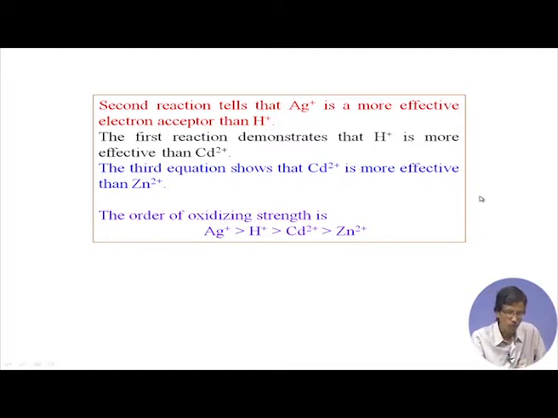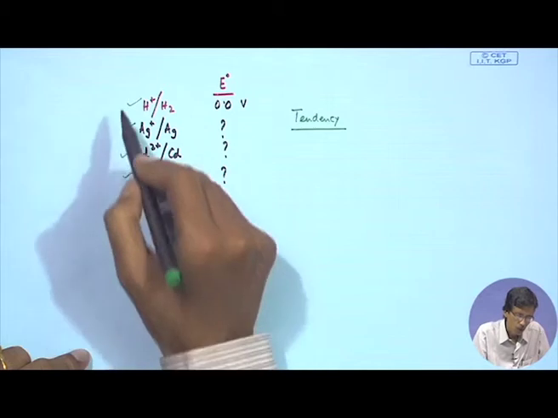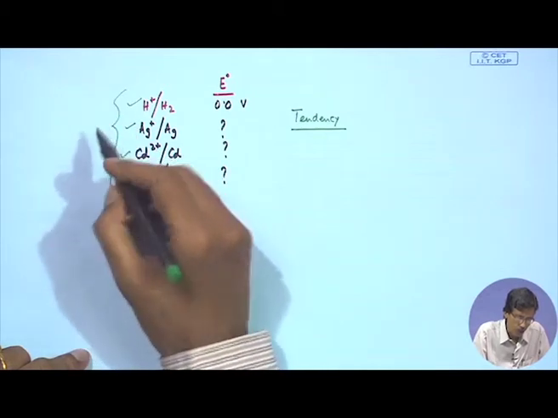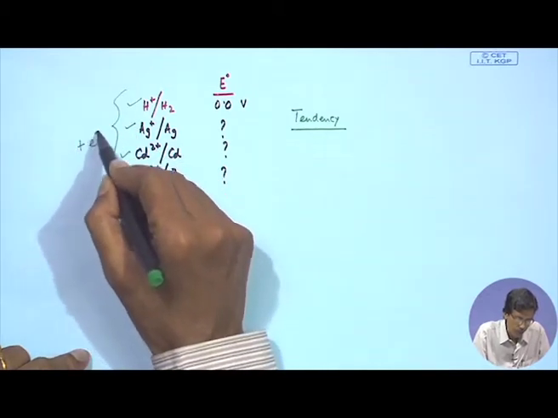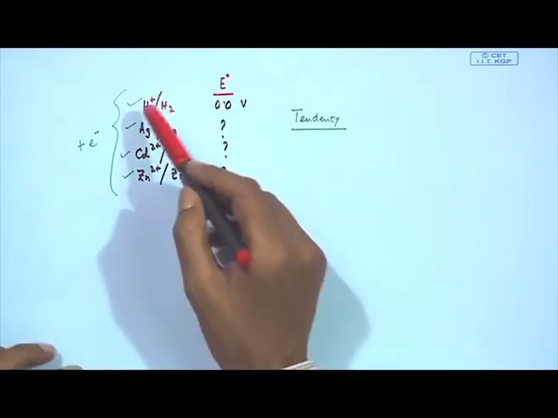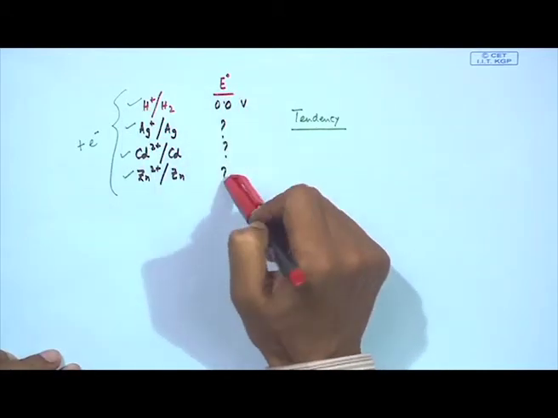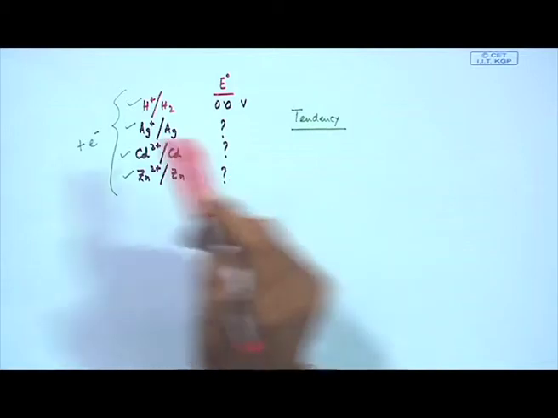If we go for all these species, we are talking about their corresponding acceptance of electrons, that means they are accepting e minus, that means their oxidizing strength, and how we get the corresponding E0 values.